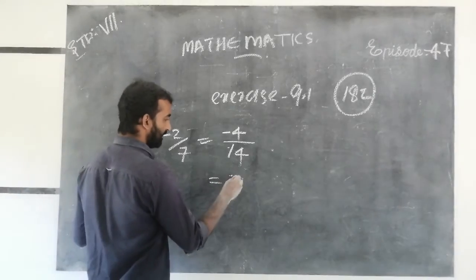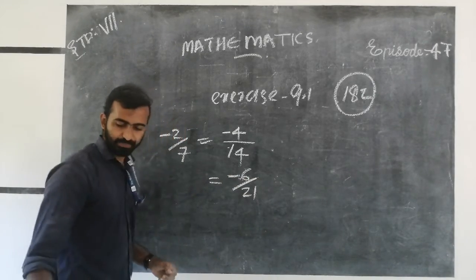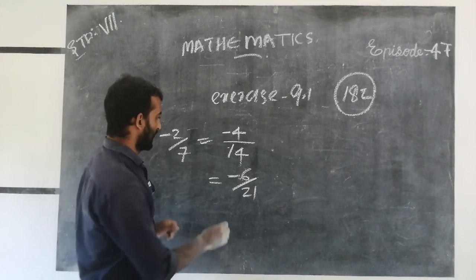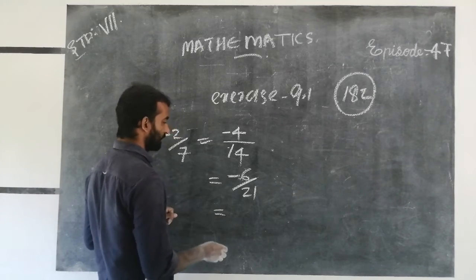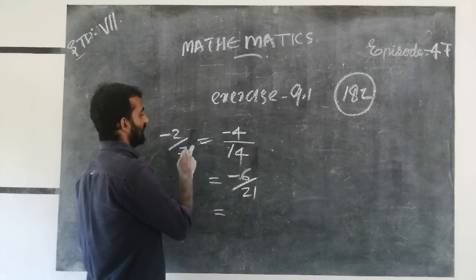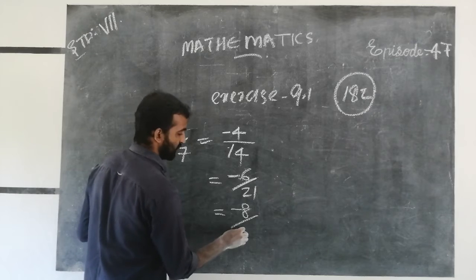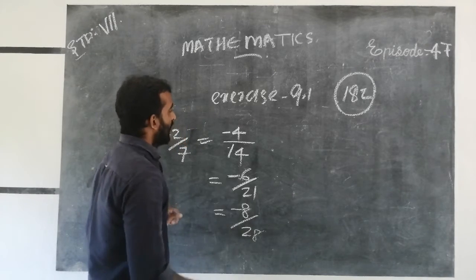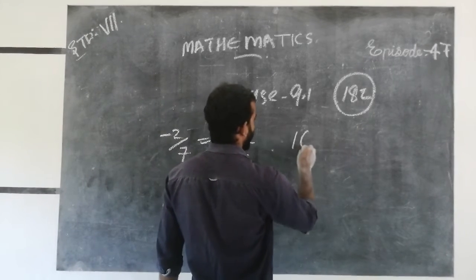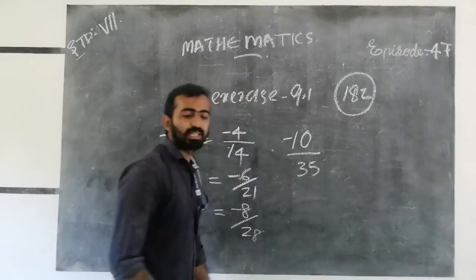By 3, negative 6 by 21. By 4, negative 8 by 28. And by 5, negative 10 by 35. These are the numbers.